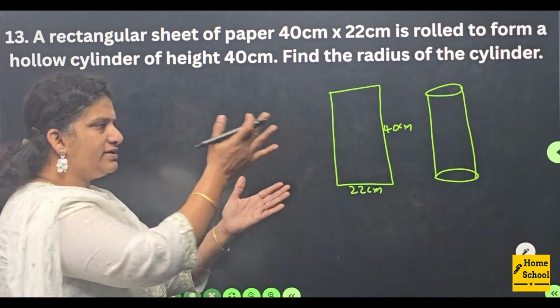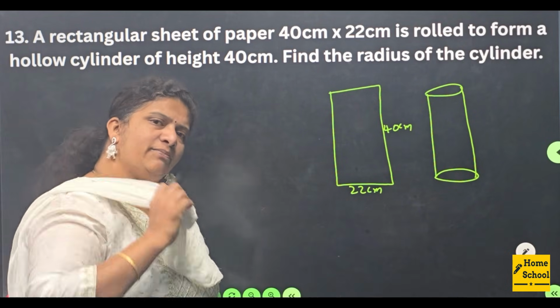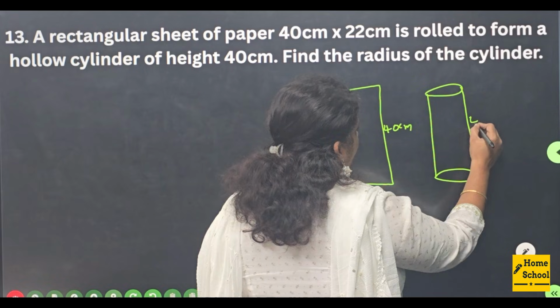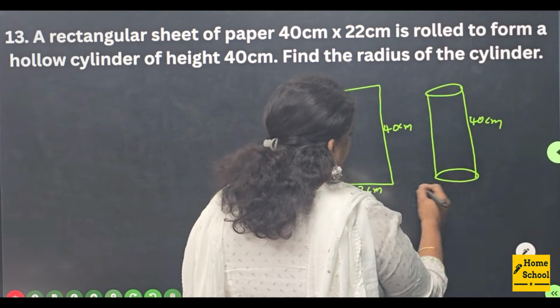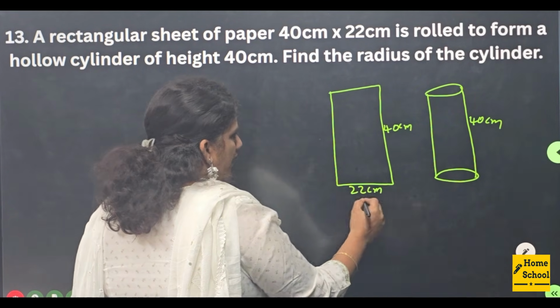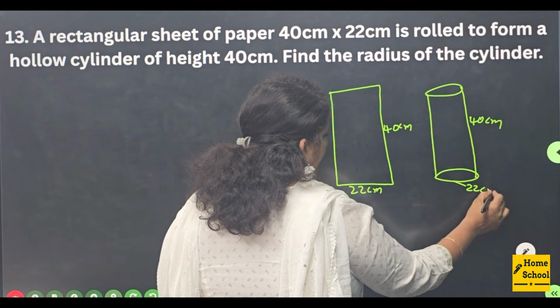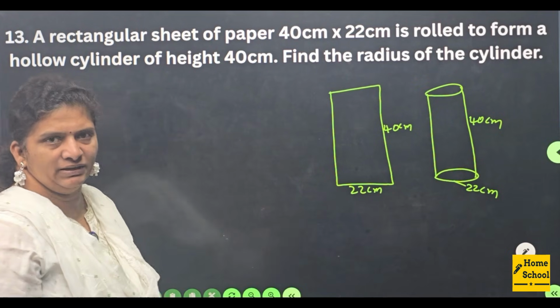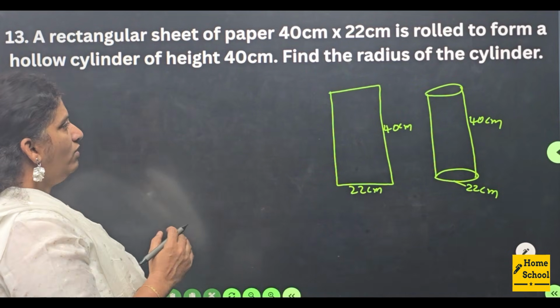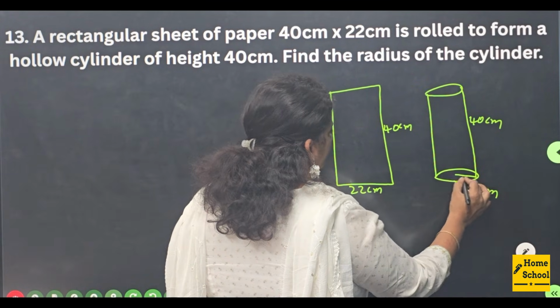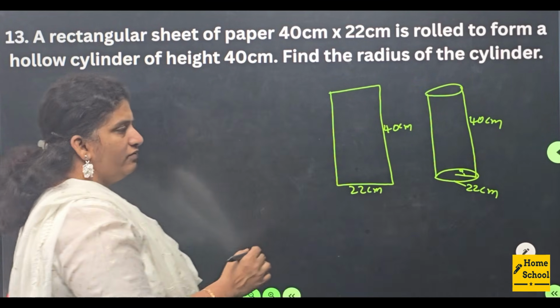If this paper is rolled, to form which shape? To form a cylinder of height 40 centimeters. Then what about the base? What happens? This becomes the circumference of a circle, 22 centimeters. Now find the radius of the cylinder is your question.